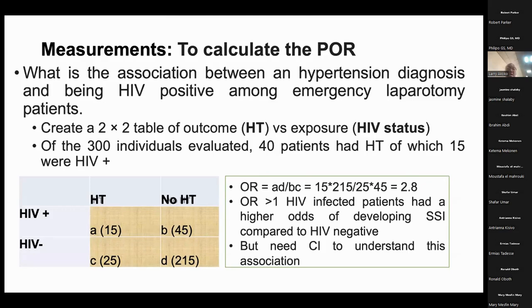So we know from this, an odds ratio of 2.8 of hypertension when they are admitted for their surgery.